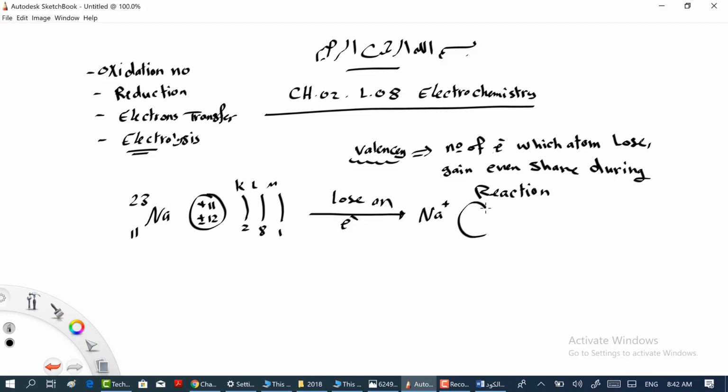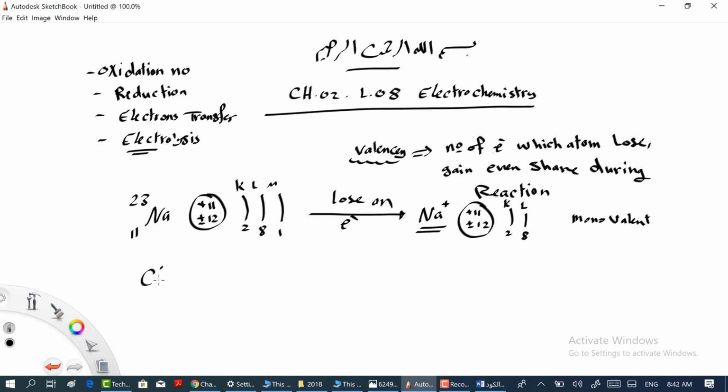At this time we find positive 11, negative 12, 2 and 8 in K and L. So the sodium loses one electron, and it is monovalent.